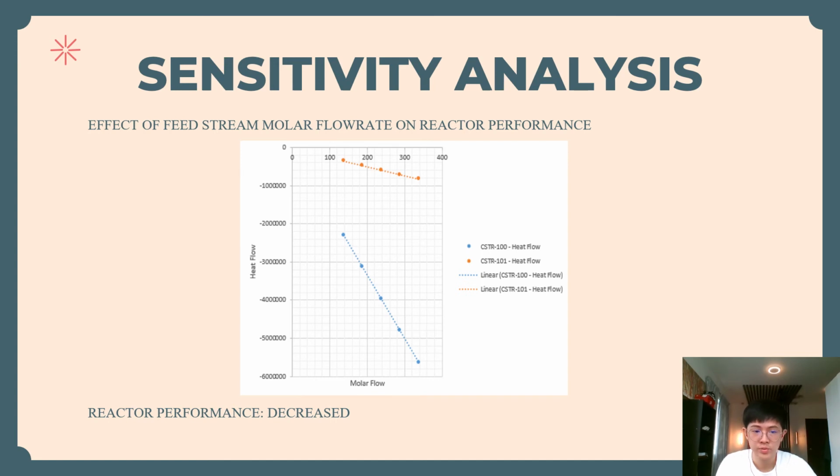And conclusively, it is determined that increasing the molar flow rate of the feed stream negatively impacts reactor performance, as there's a drastic decrease in conversion in the second CSTR, as well as an overall decrease in the mole fraction of the desired product, which is methane, and also an increase in the mole fraction of undesired product, which is carbon dioxide.